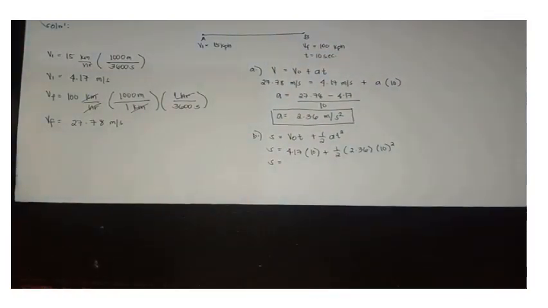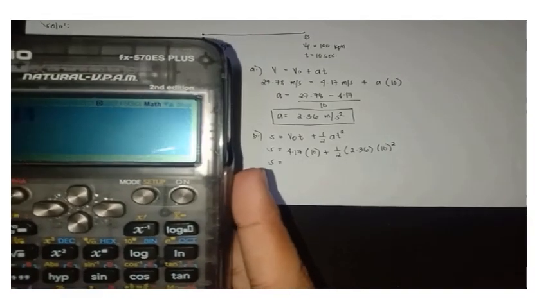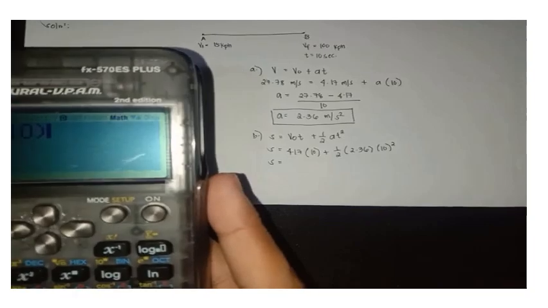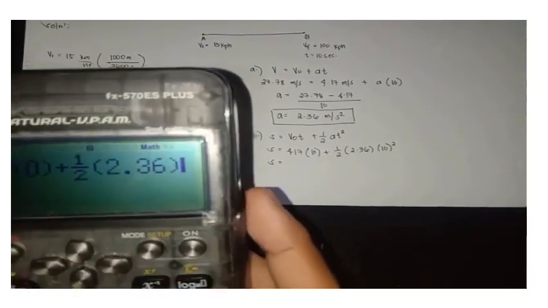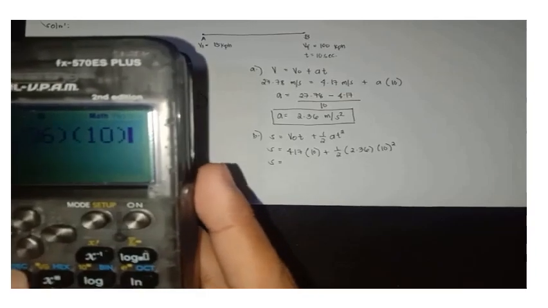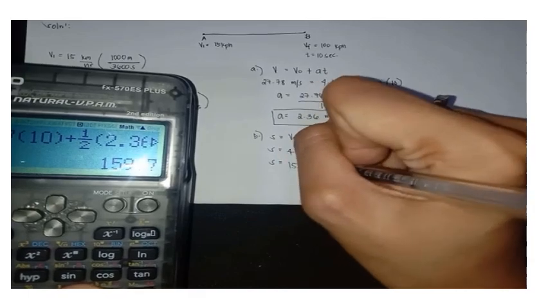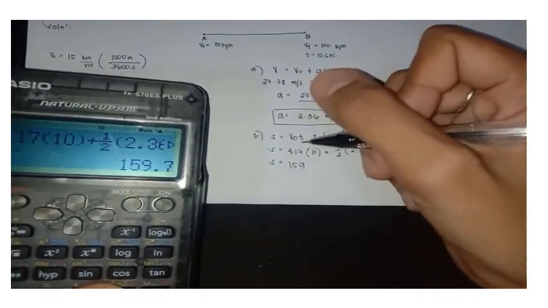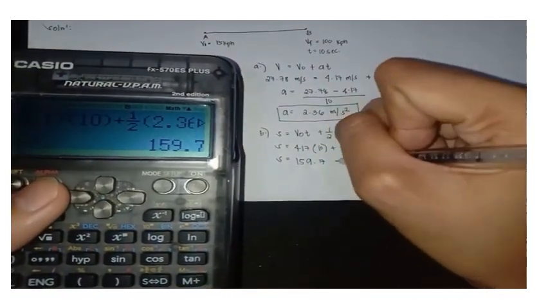So the displacement, or total distance, is equal to 159.7 meters.